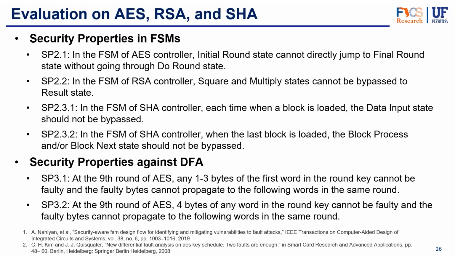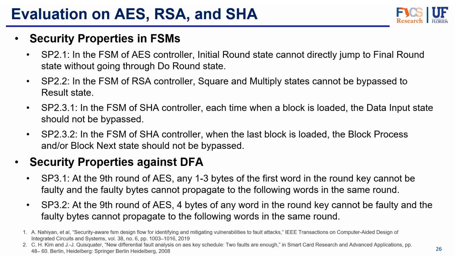And so we have done our analysis on a set of benchmarks, and we came up with the security properties based on the attributes and behavior of the FSMs, the encoding of the FSMs, the don't care states, the transitions, protected states.